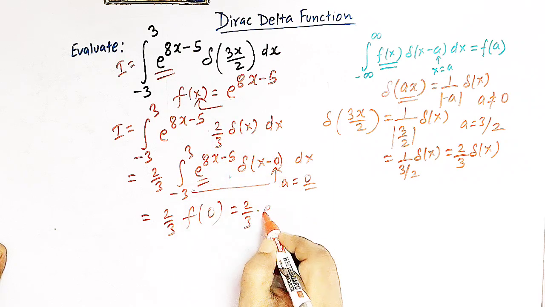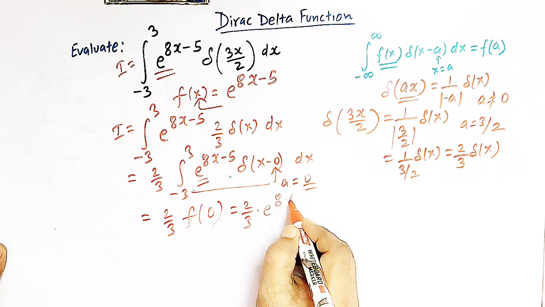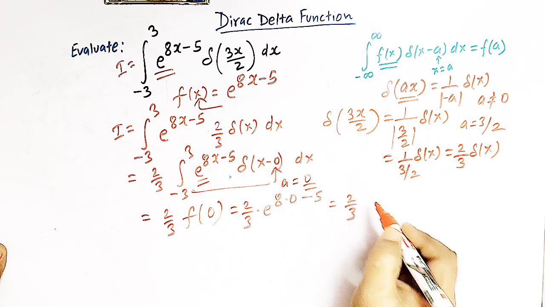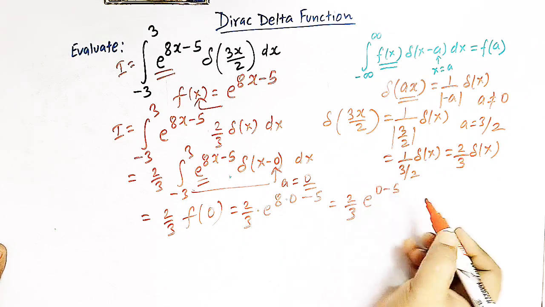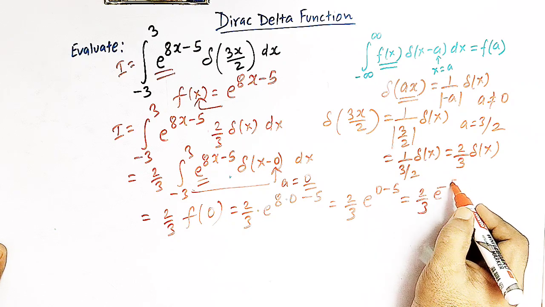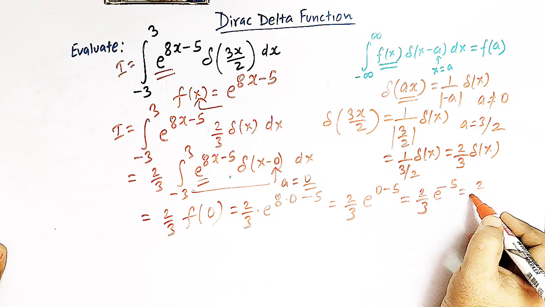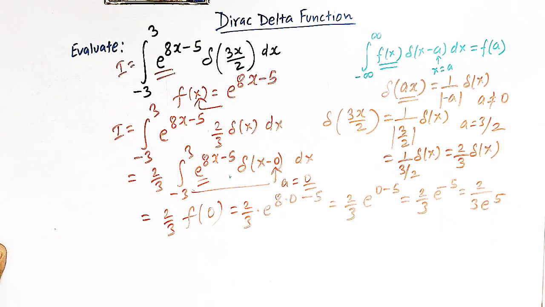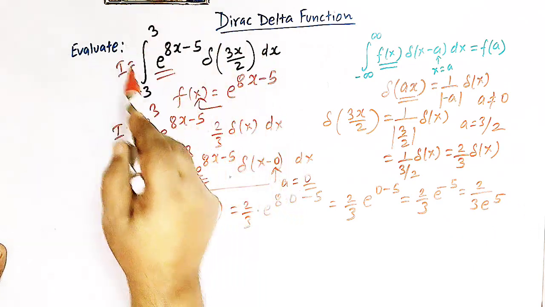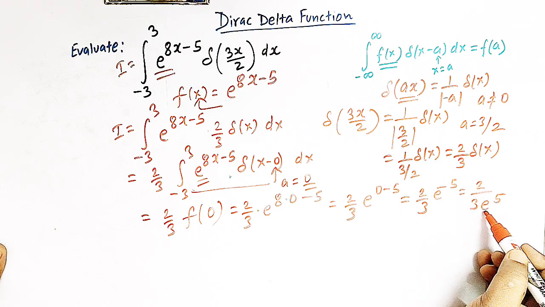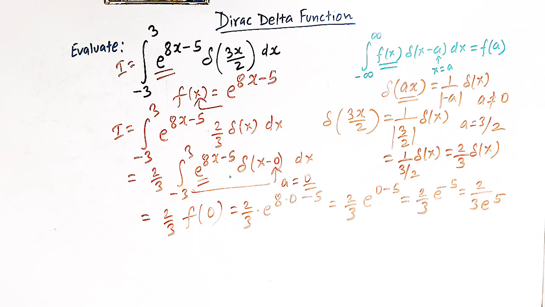So we have e raised to 8 times 0 minus 5. So this is 2 by 3 e raised to 0 minus 5. So 2 by 3 e raised to minus 5, which can be written as 2 by 3 e raised to 5, right? So the value of this integral is equal to 2 by 3 times e raised to 5.